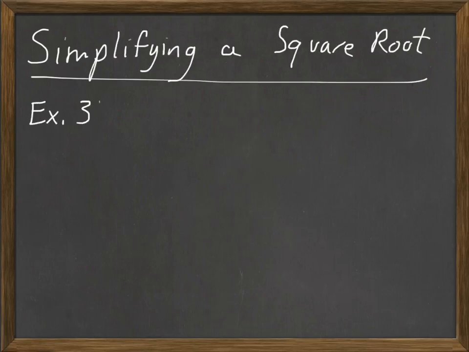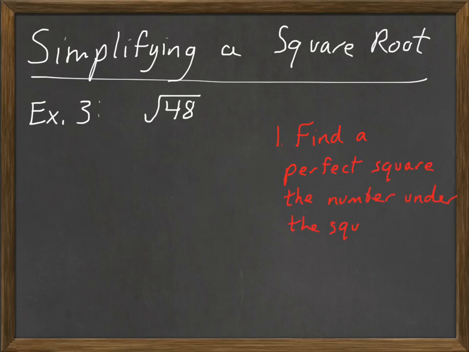So this is where we get to simplifying a square root. Let's simplify the square root of 48. I'll demonstrate the process. The first and most important step is to find a perfect square that the number under the square root is divisible by. That means you can divide it by that number and get a whole number.